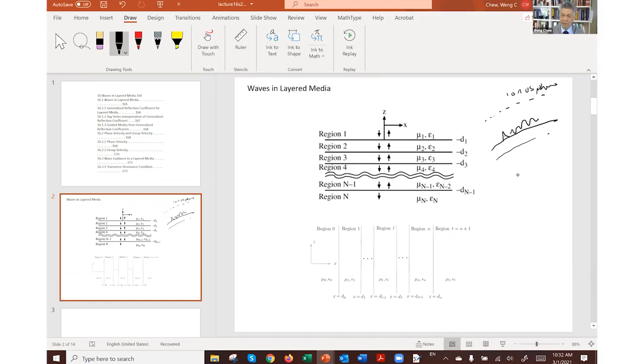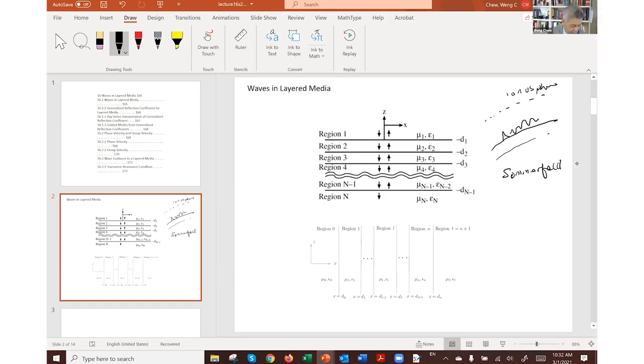So how would waves propagate in a layered medium of the Earth and the ionosphere? And Sommerfeld did solve this problem around the turn of the century, I believe about 1901 or 1902.